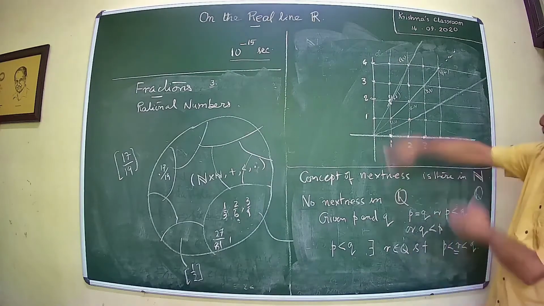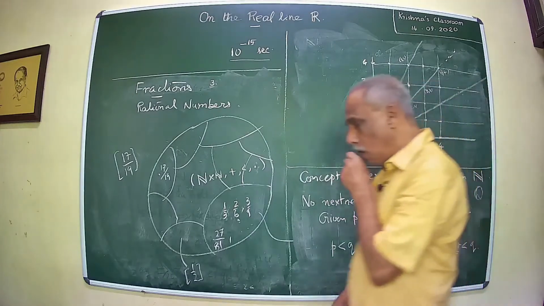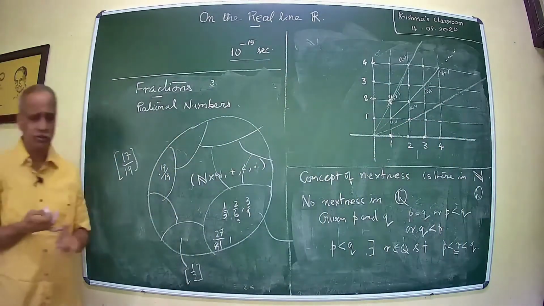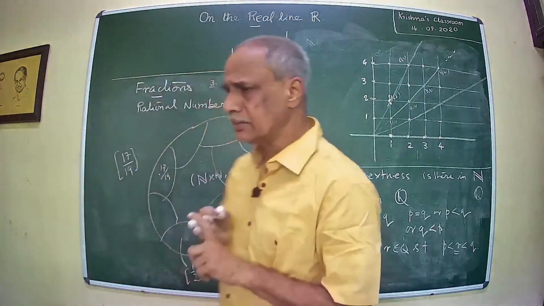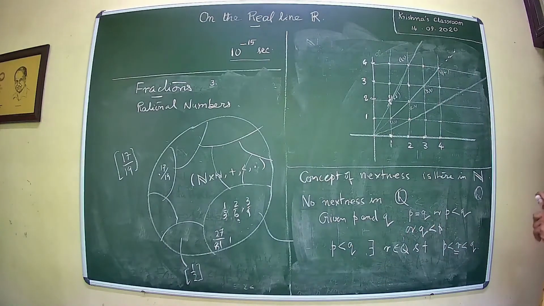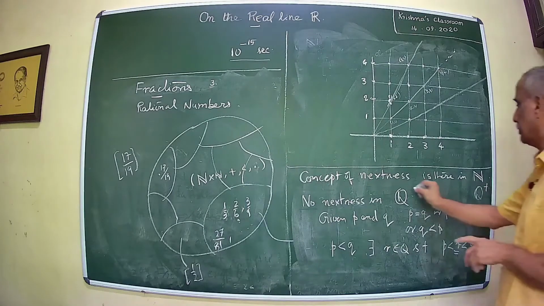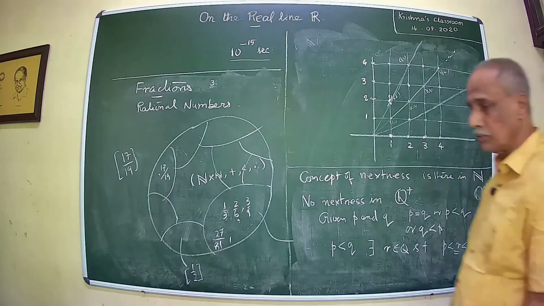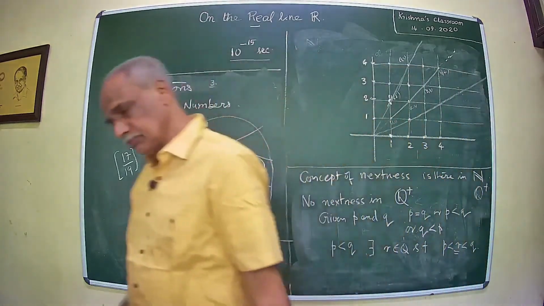But all the other properties do extend. You can extend addition, you can extend order relation, you can extend multiplication. But you don't have any more the concept of nextness. So we are working with Q plus, because we are working with Q plus only right now. We are not going into Q minus or anything. Right.